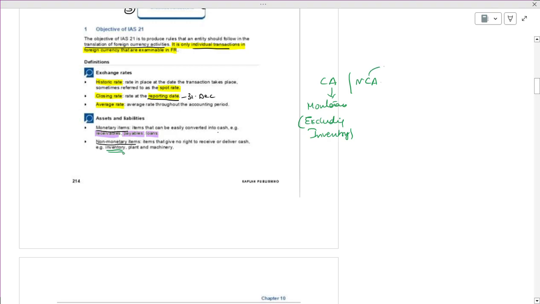Non-monetary items are non-current assets plus inventory. We are removing inventory from one side and adding it to the other. Remember this very important point. It is easy scoring: if there is an easy question, they will ask what are monetary items and non-monetary items.